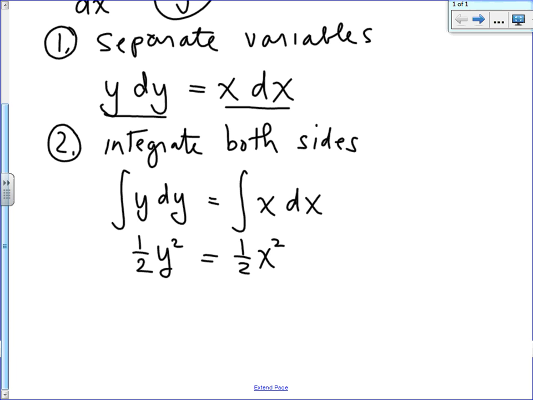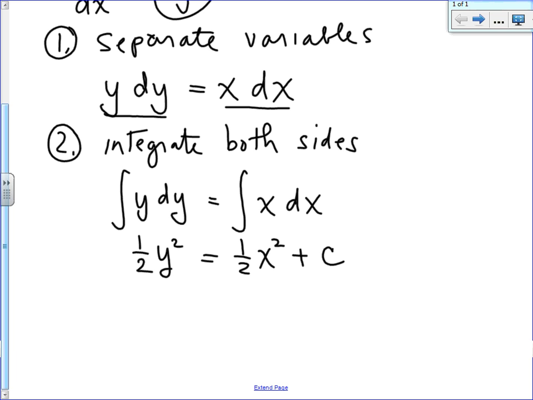But the difference on the other side, and you only do this to one side, is that it is indefinite. I don't know what the full equation is, so on this side I'm going to say plus c, and that has to be carried through the entire problem. The only difference is that I had to separate in step one, and now I'm integrating two sides rather than just one.